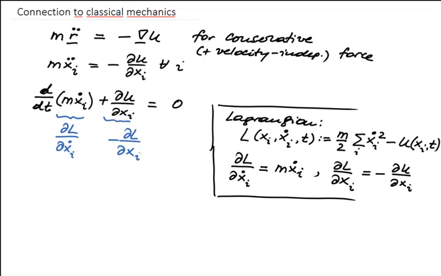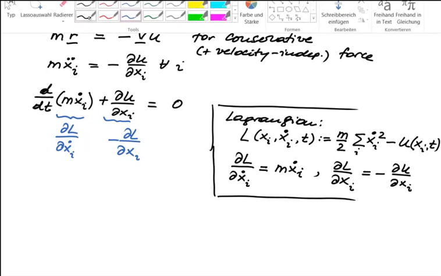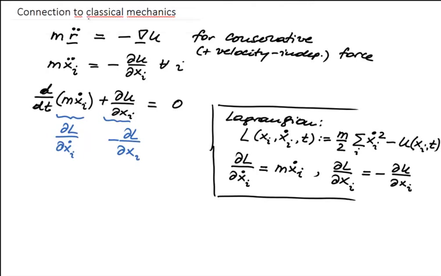So in fact, the equation of motion of classical mechanics can be cast into the form d over dt dL over dxi dot minus dL over dxi is equal to 0. And this must hold as the previous equation for all i.